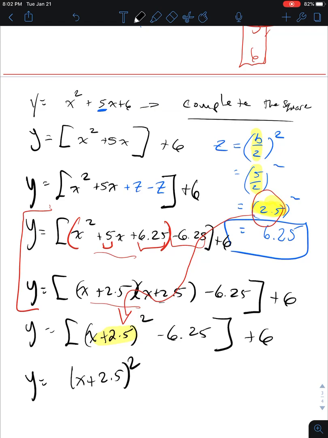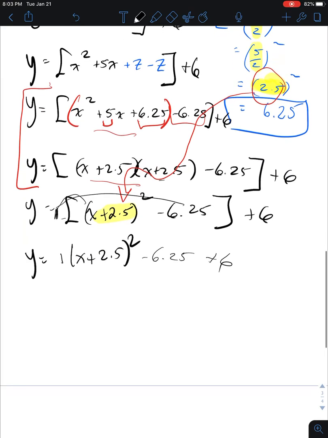So now you can move this to the outside. Normally, and I'll show you another question in a second, there's a 1 out front, so you can distribute the 1 in and get rid of the square brackets. That's actually what's happening. You distribute the number that's out front, but because it's 1 this time, there's really just a 1 here, minus 6.25 plus 6.